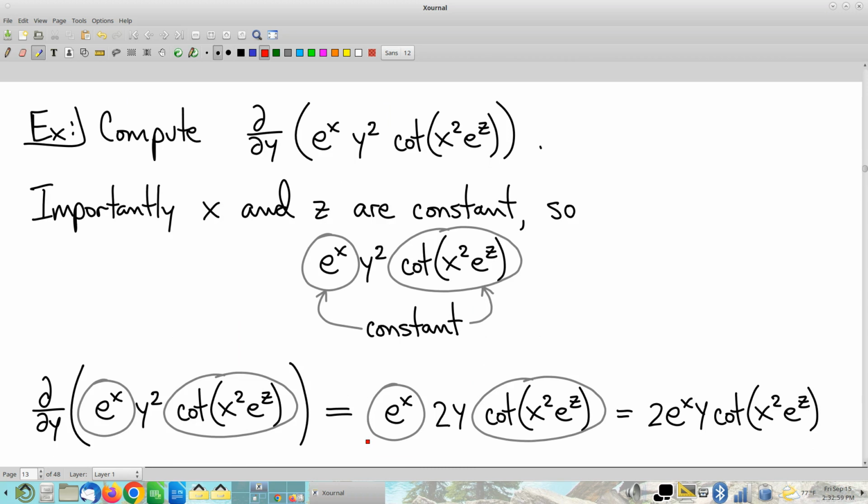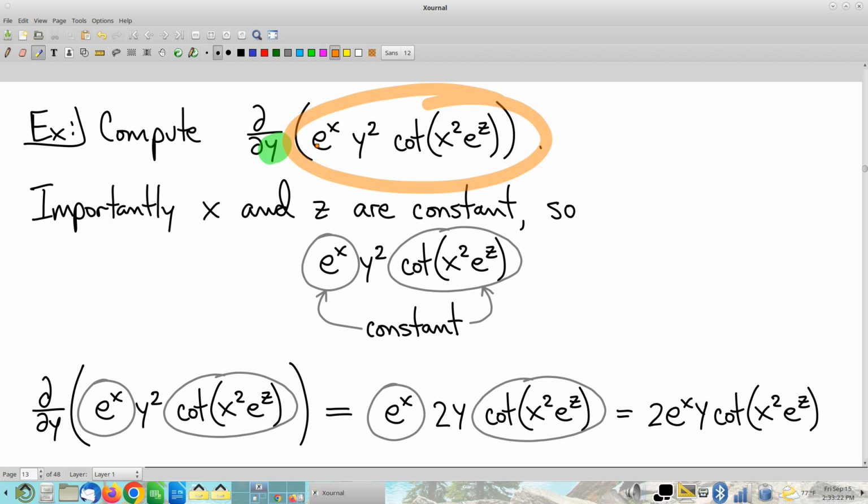Look at this seeming nightmare of a question. We're going to take the partial derivative with respect to y of this great big monstrosity, which is a product with a composition of another product. You may look at this and think, oh gosh, the tedium, it looks like this is going to take a page to write the whole thing out. And it doesn't.